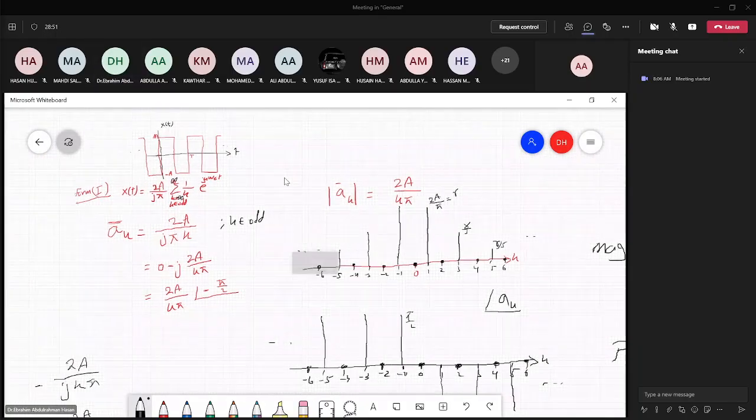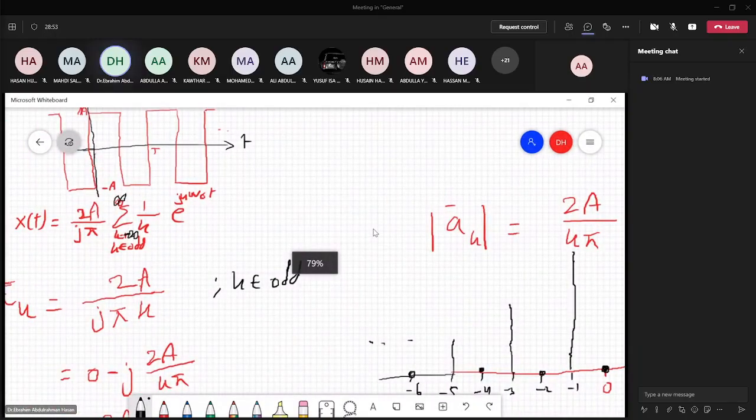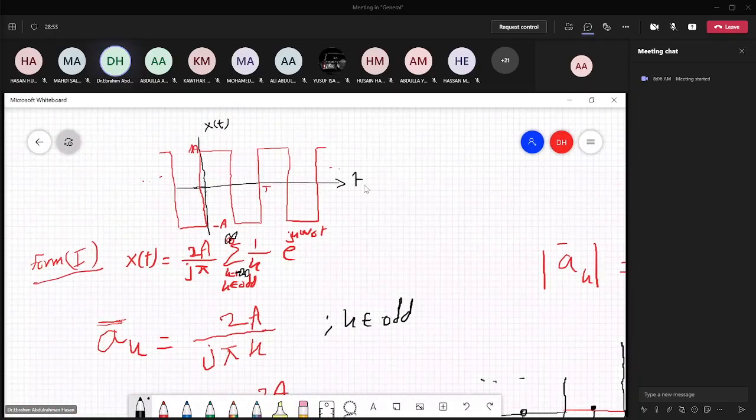Okay. So if the question is we want to plot the spectrum of x of t, then you need to use form number 1. You don't have a choice to go to form number 2. I mean, if you solved form number 2, then you need to find a_k from alpha and beta.